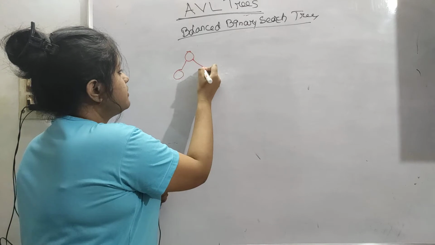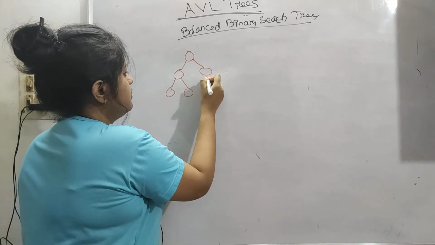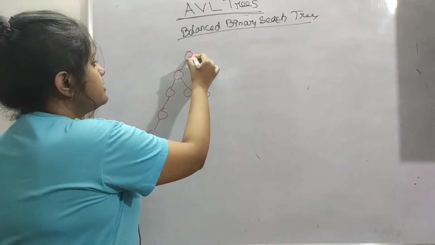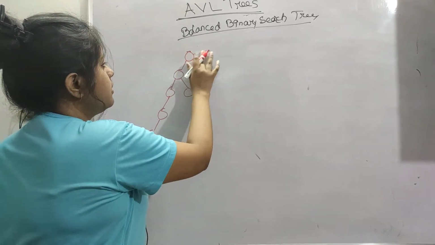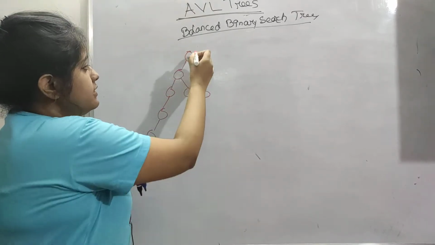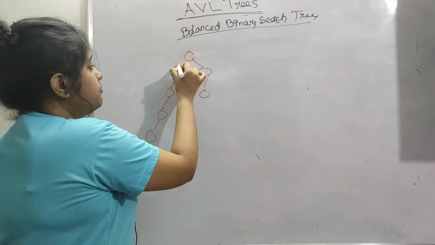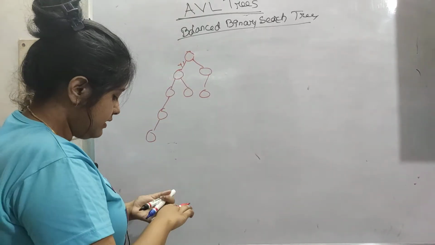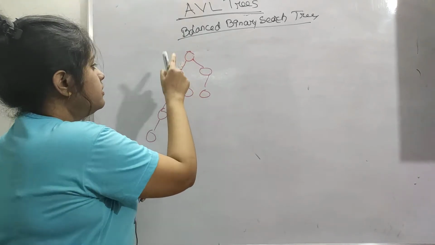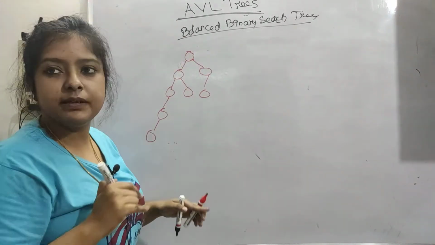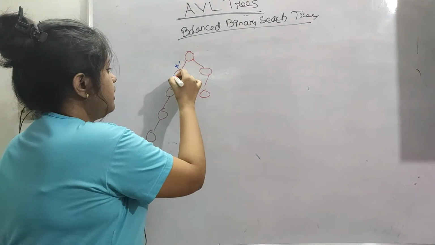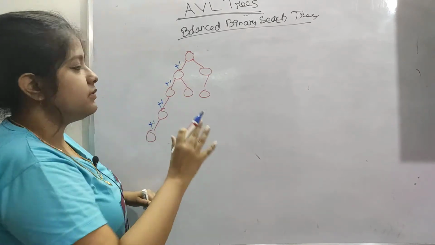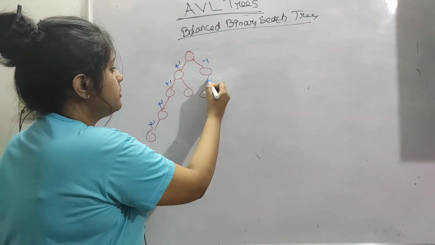So let's say this is our tree. For the left, we do +1. From the root to a left subtree, we take +1, again +1, again +1, and for the right subtree, we take -1, -1.